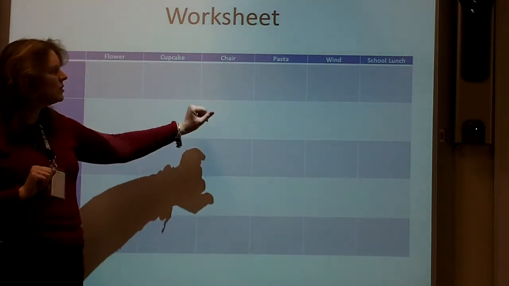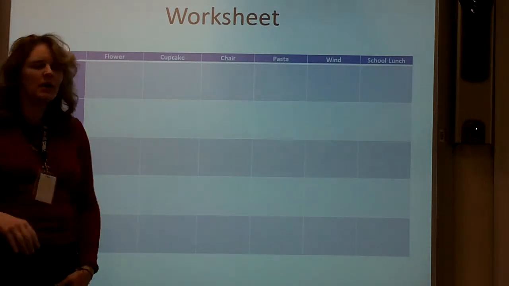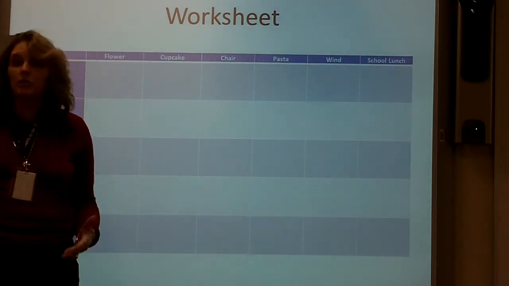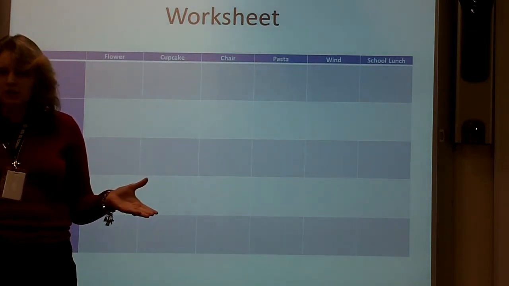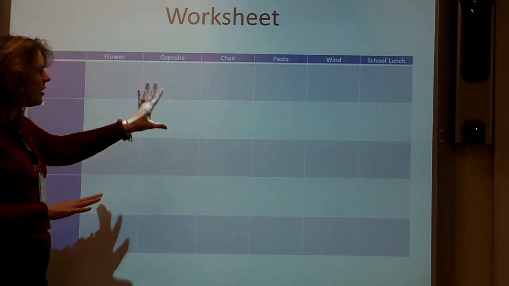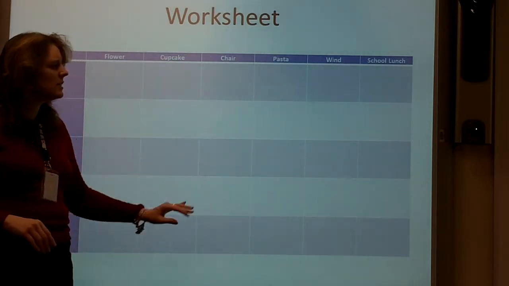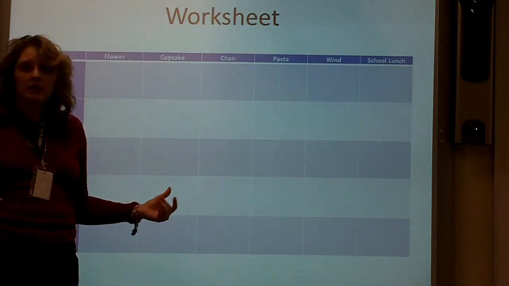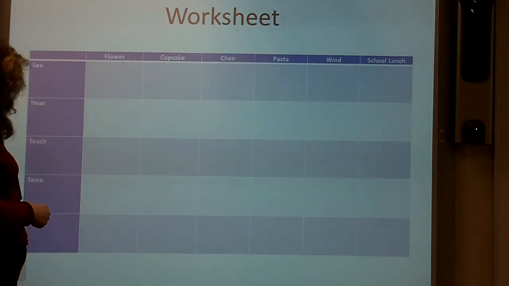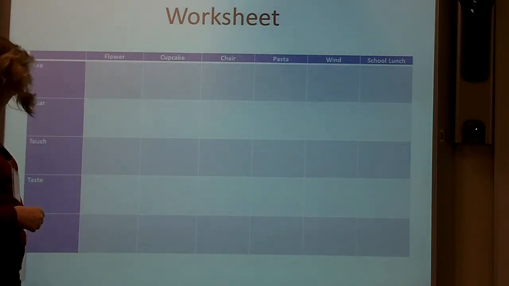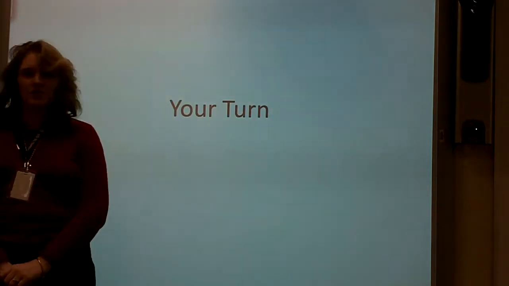What kind of sounds do you hear there? Same thing with smell. What would a brand new plastic chair smell like? What would an old wooden chair smell like? So there are lots of words you can come up with for these different kinds of things, including even wind. All right? So, now that you've got your grid, it's your turn.